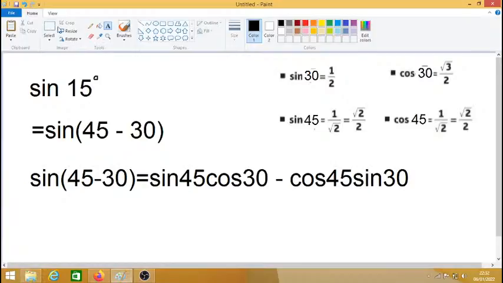So we're just looking at one at a time. We're looking at sine of 45 first. Sine of 45 is the 1 over root 2 or root 2 over 2. Both are equivalent. So let's bring that one in, times by cos of 30. Let's bring in cos of 30. That's root 3 over 2.